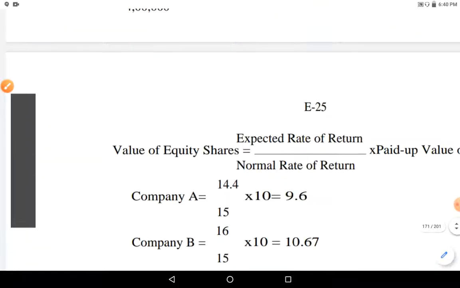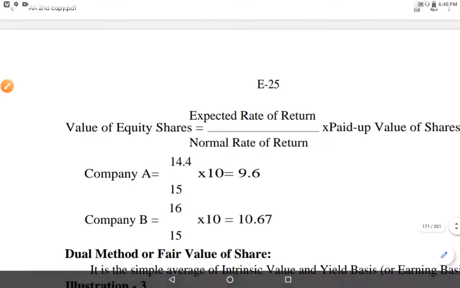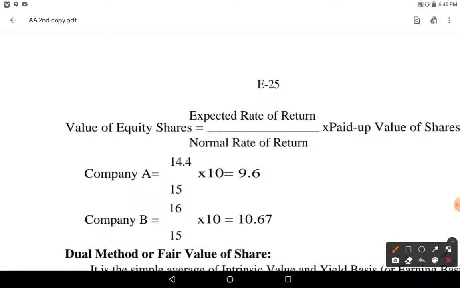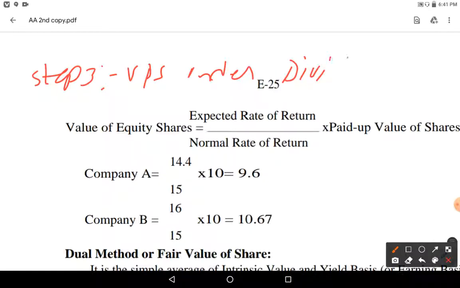This is step 3, value per share under the dividend rate method.